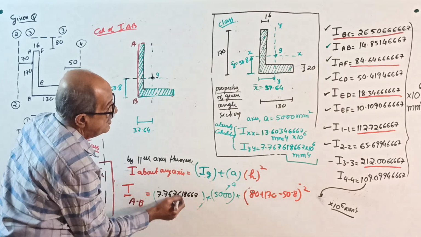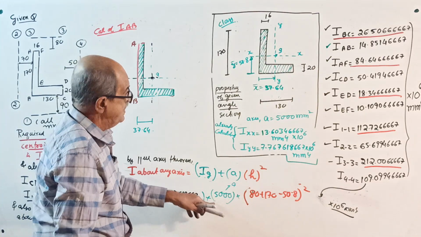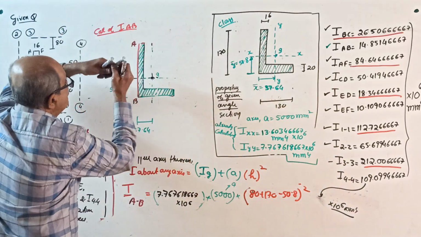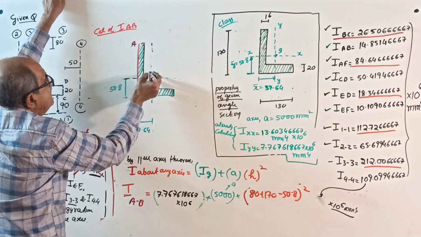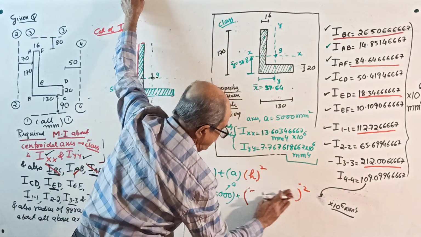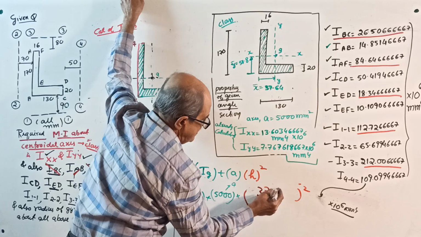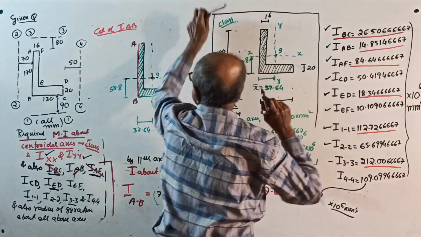Plus area 5000 into, from centroid here to AB, this distance square, that is 37.64 square. Calculate. This answer will come.